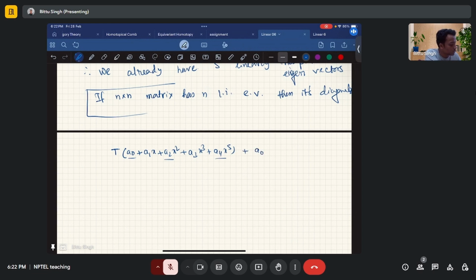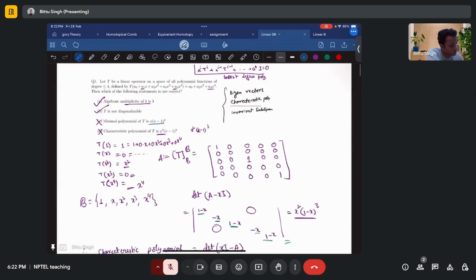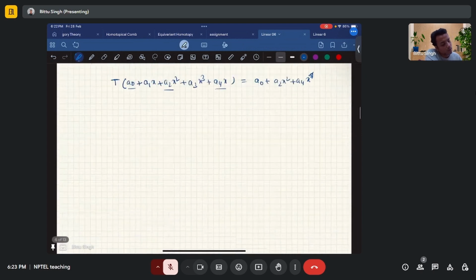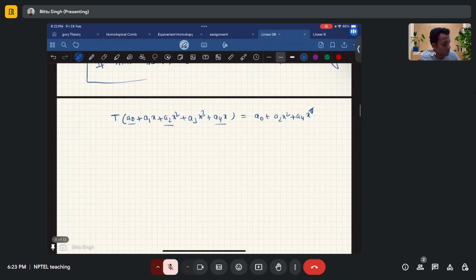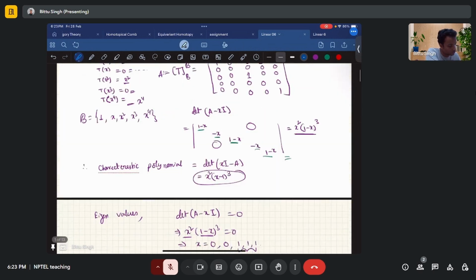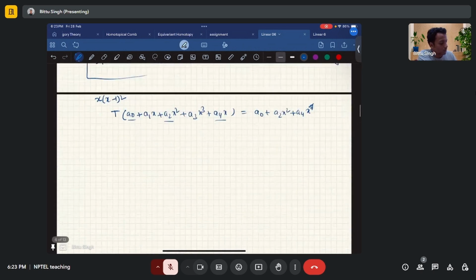So this is the same as a0 + a2x^2 + a4x^4. That was our initial T. Now if we apply, the equation was x(x - 1) whole square. This should be satisfied if it is minimal. But let us see if this is satisfied or not.